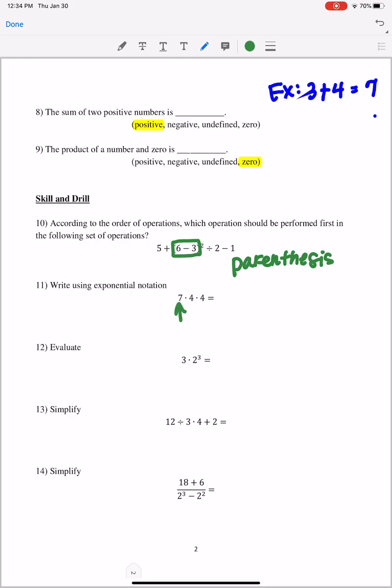I need a base of 7 and I need a base of 4. So we have 7 times, and since I only have one 7, that's all we need. If you want to do 7 to the first, since there's one 7, that's fine too, but we don't need that. And then my next base is 4, and how many 4s do I have? I have 2.